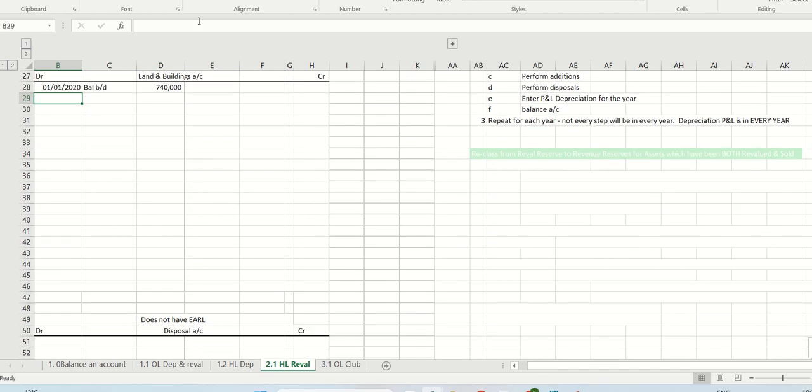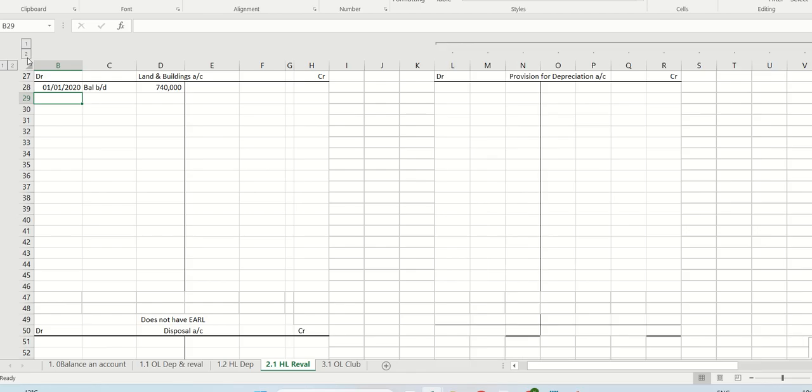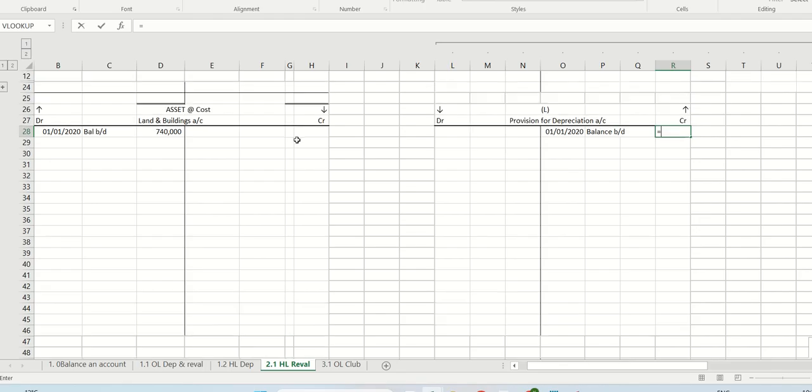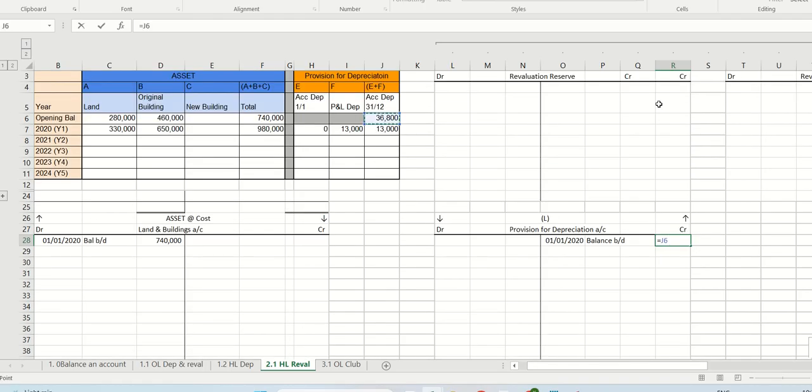Our balance BD for our provision for depreciation account, so 1st of the 1st, 2020, always on the credit side, of course, because it's a liability account, balance BD, and that's going to be the number we calculated up top here. It's 36,800. It's 4 years at 20%.